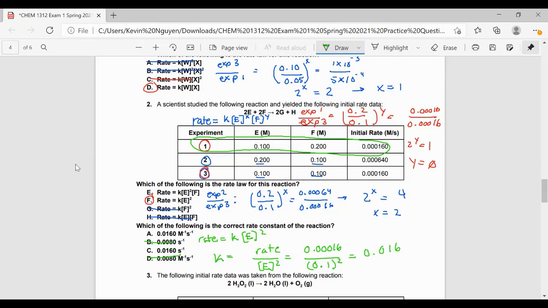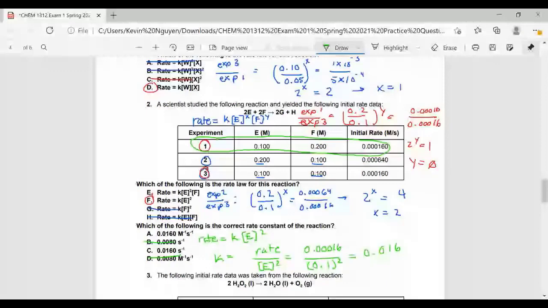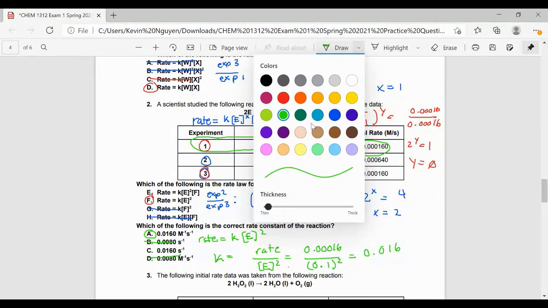So what are the units? Yeah, so it's going to be A, because if you take a look here, let me choose a different color, orange.